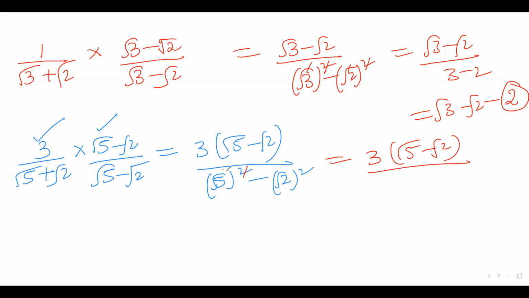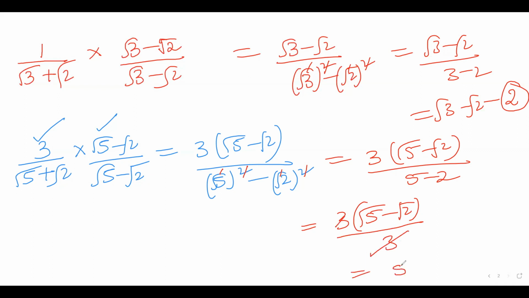After cancelling square and root, 5 minus 2 is left. 5 minus 2 is 3. 3 will get cancelled, and the final simplification is root 5 minus root 2. This is your equation 3. Got it?